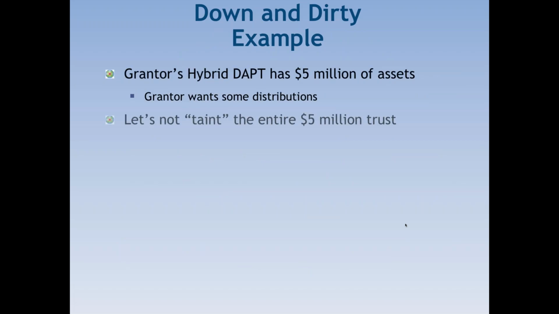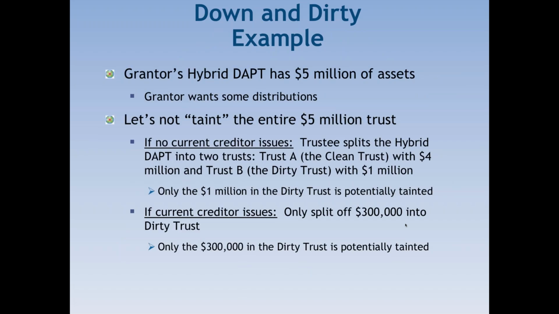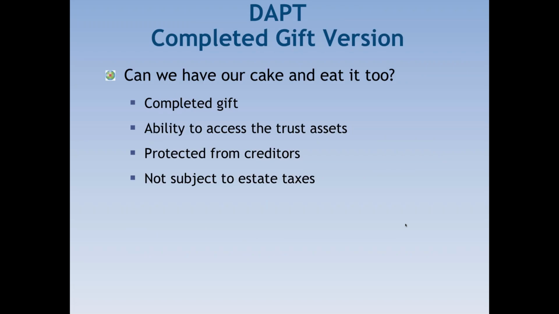So this is just an example: if there are no current creditor issues, you start taking money out of the trust that has 20% of your assets, and you leave the other 80% in the other trust, which has even more protections. But if you have current creditor issues, you put even less into the trust that you're taking distributions out of.